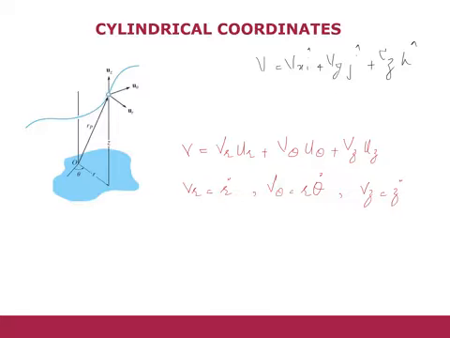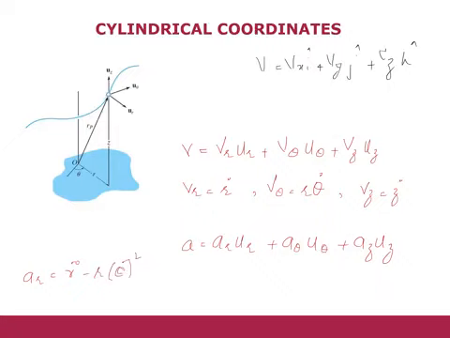Similarly, we can calculate the acceleration, which is a equals ar ur plus a theta u theta plus az uz. Similarly, the magnitudes can be calculated by using the relation ar equals r double dot minus r theta dot square, right?